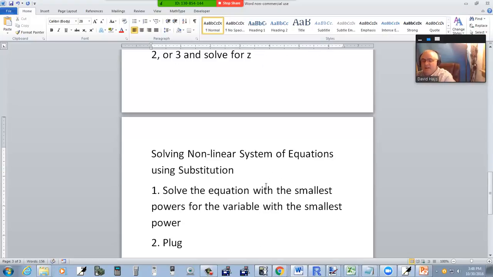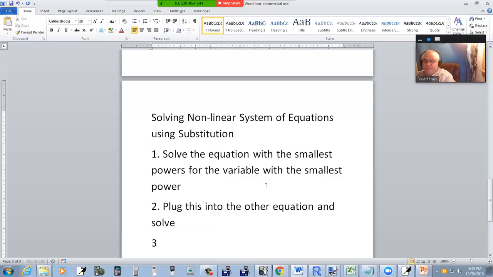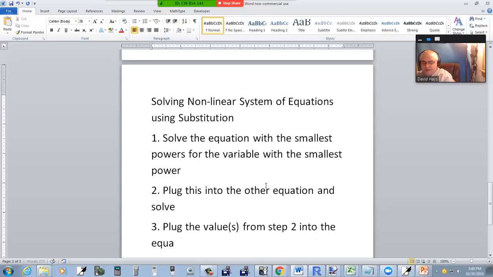Step 2, plug this into the other equation and solve. And step 3, plug the value from step 2 into the equation from step 1 and solve.